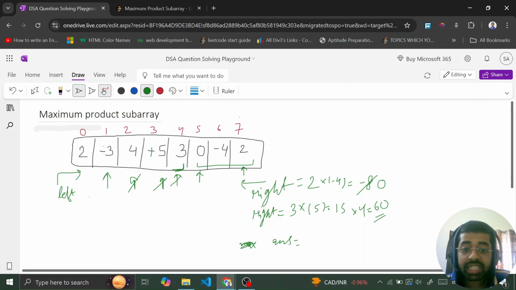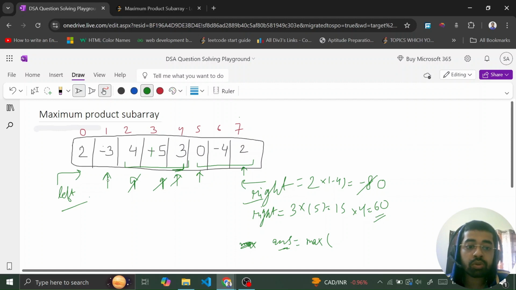Okay, and at each and every point we will be actually storing the max value of the right and the left along with this answer. Okay, so we will be storing the maximum of them, so that at any point, like if you see that 453 is something which makes it 60, and we have to store that as the maximum value, right?